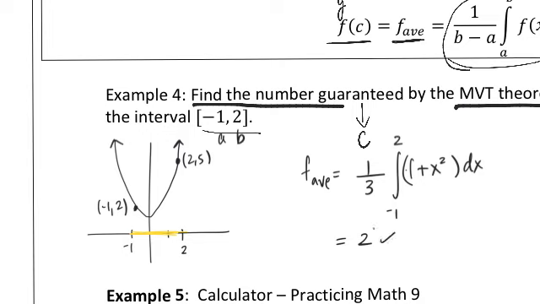Okay, so if I just were to draw a flat line at that average value, that would be that red line. You can already see from the picture that the function is the parabola, and this function reaches that y value twice, once here and once there. And those are the places that are being called c, and our job is to find those places.